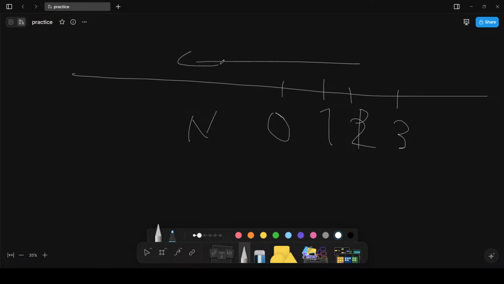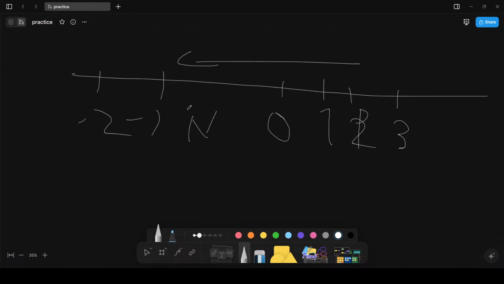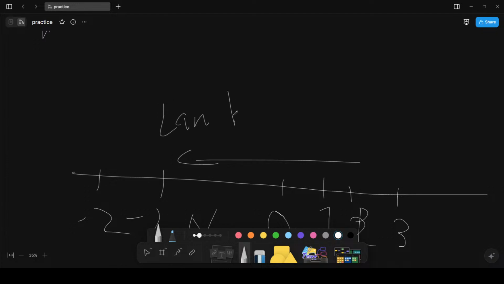It goes from -1, -2, -3. So the value decreases as it goes on. This is what we call the land of numbers.